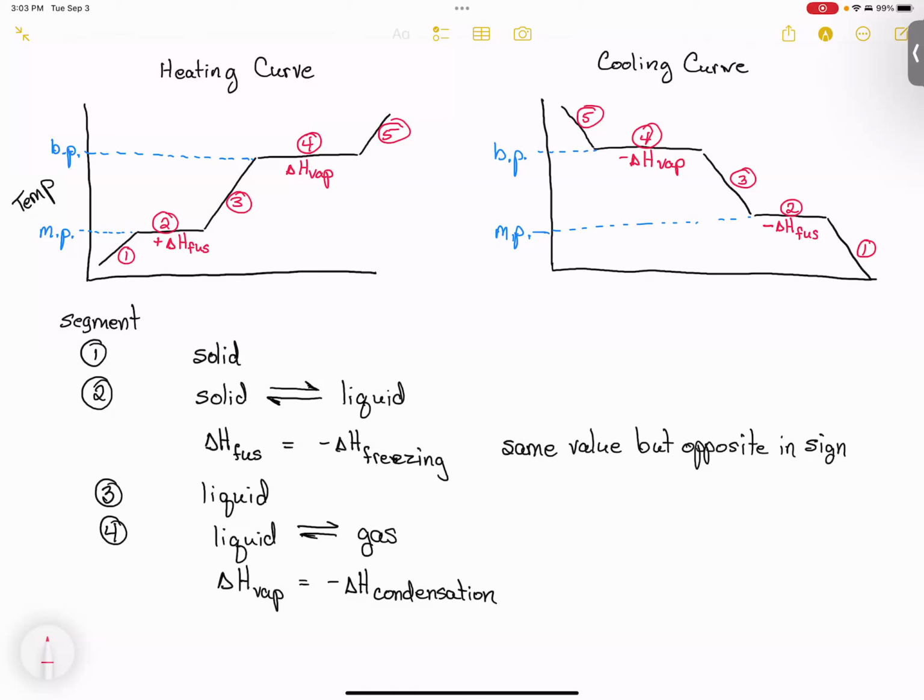Because one thing you need to remember, plus and minus do not mean the same thing in algebra that they do in chemistry. Plus means you're taking something in, minus means you're giving something off.